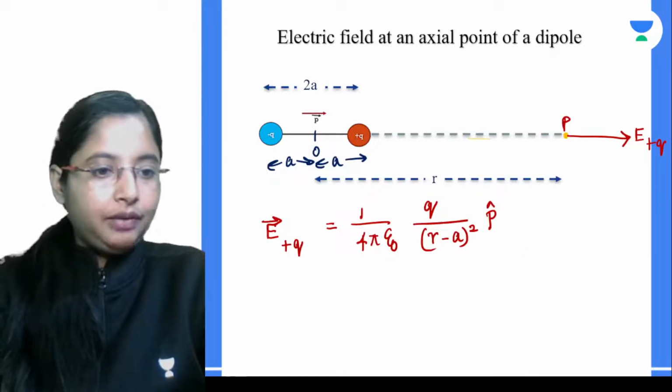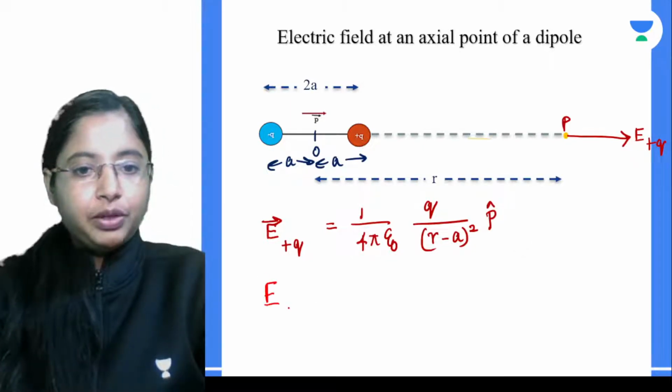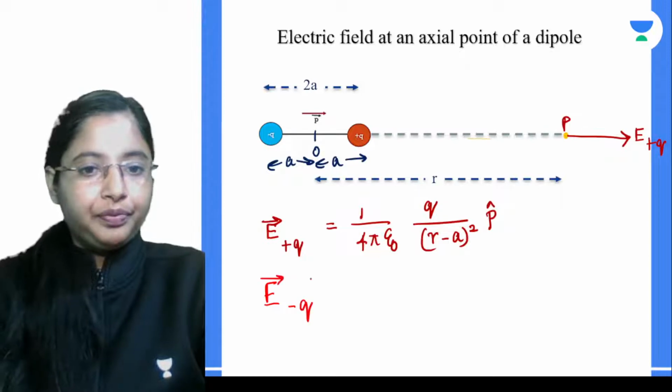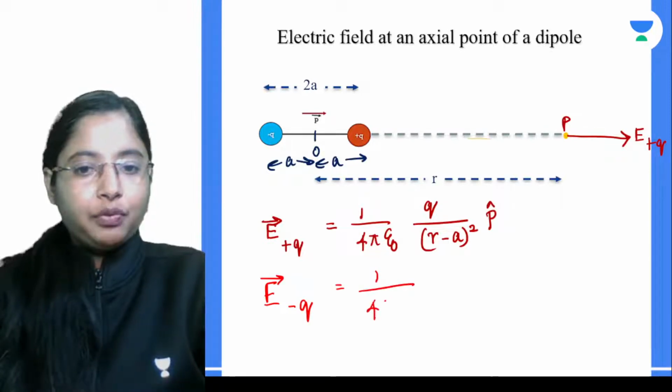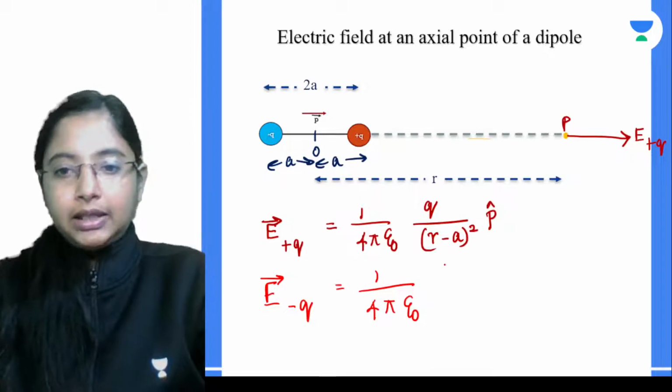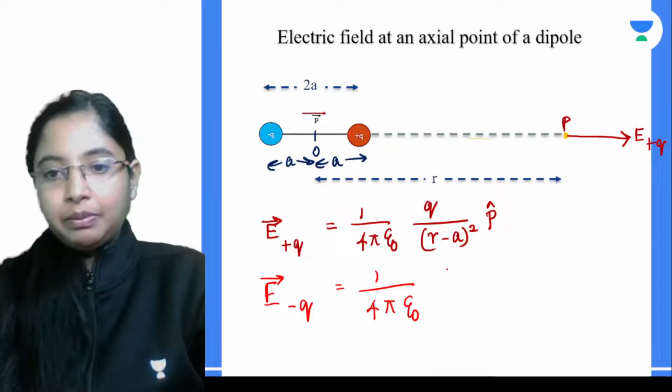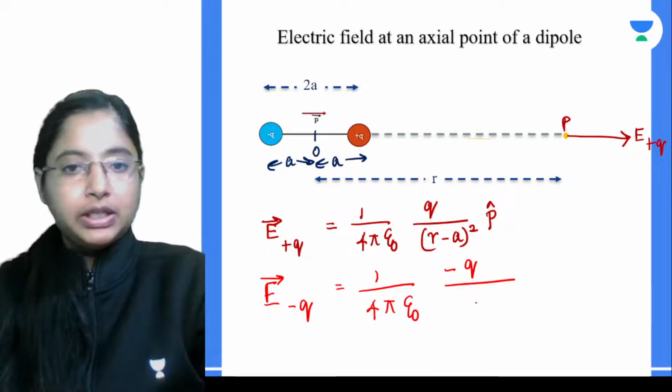Now similarly we are going to find the electric field because of the charge minus q. That will be 1 by 4 pi epsilon naught, and the charge here is minus q, divided by the distance.